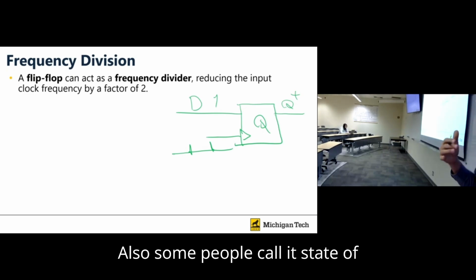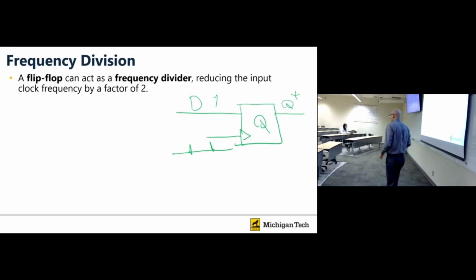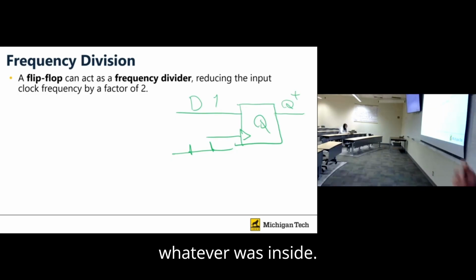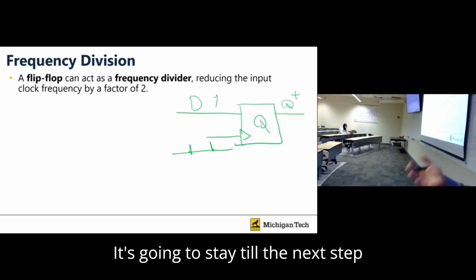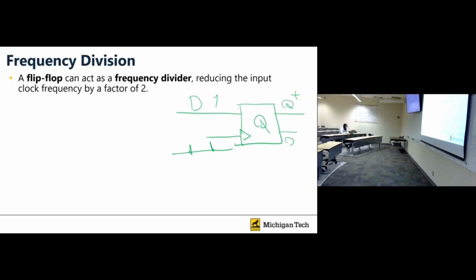Some people call it data flip-flop and some call it delay flip-flop. It has two names. It delays whatever was inside, and it stays until the next clock comes. So imagine that we also have a Q bar.